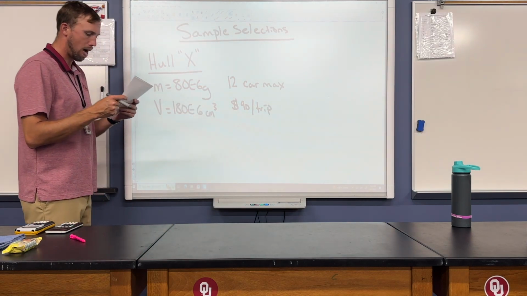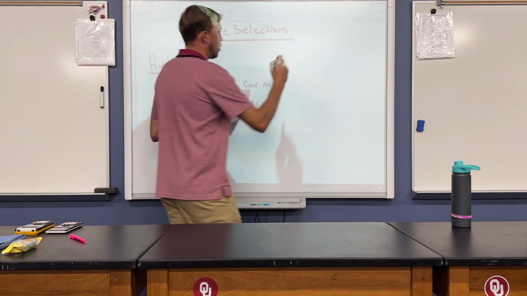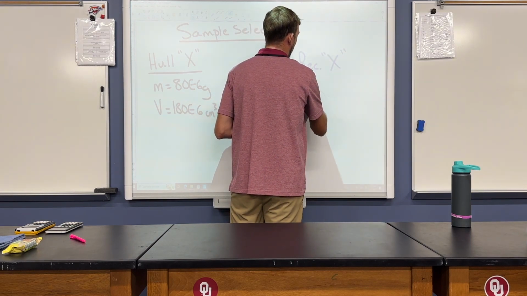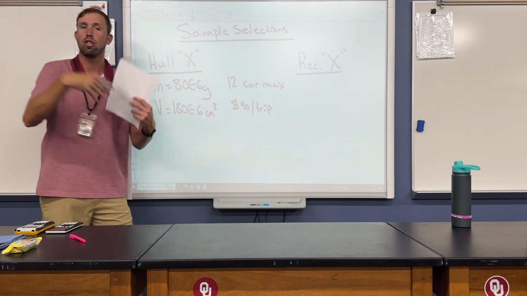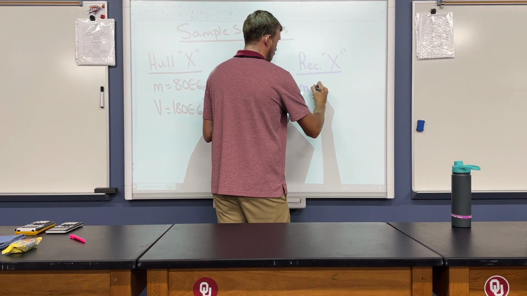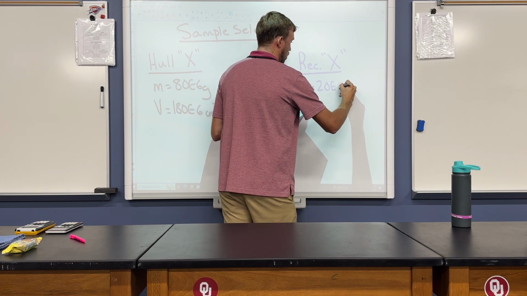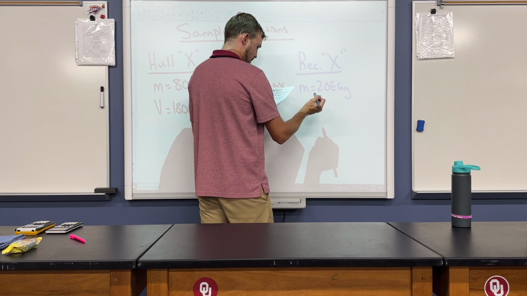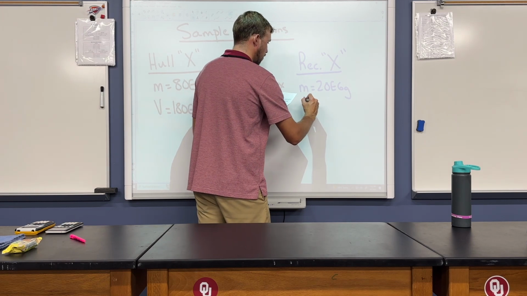Then for my recreation option, I'm going to choose recreation X. Again, this is not one of the recreations available for you all. This is just a random one I'm making up. That recreation option has a mass of 20 million grams and allows us to charge a ticket price of $80.